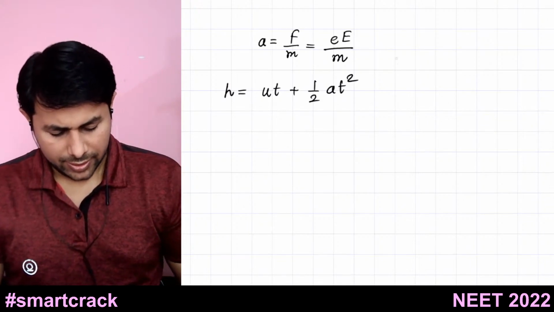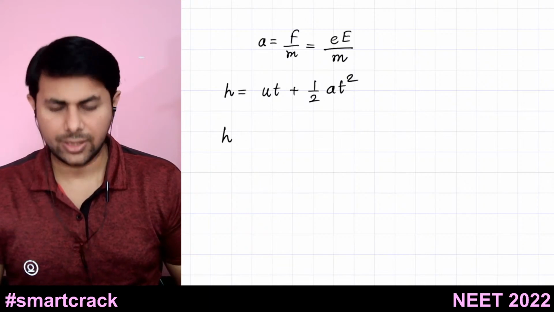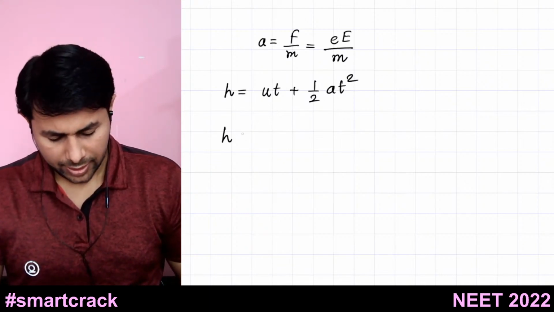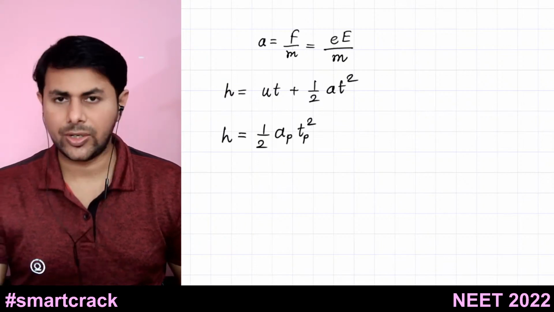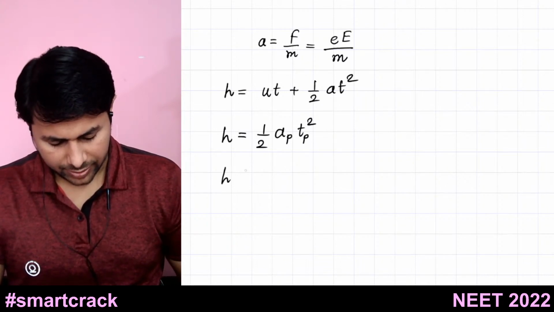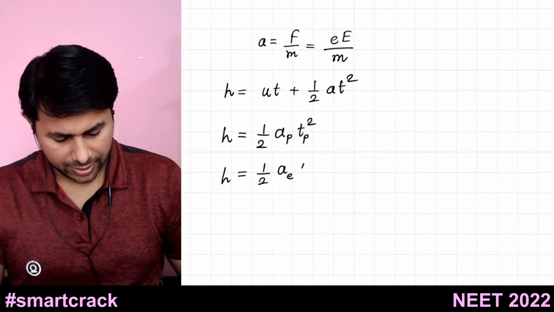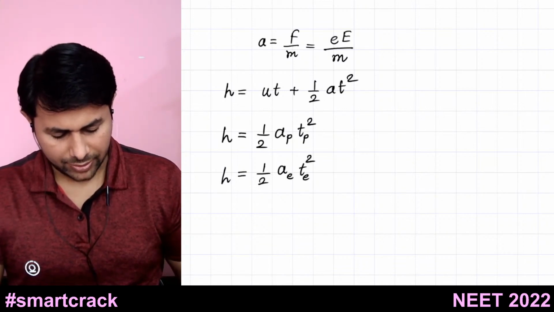So for proton I can write, u is equal to 0 for both, so h is equal to half of acceleration of proton into t for proton square, and h is equal to half of acceleration of electron into time for electron square.